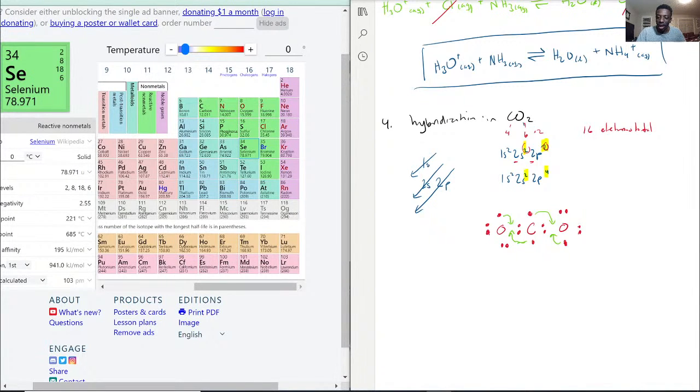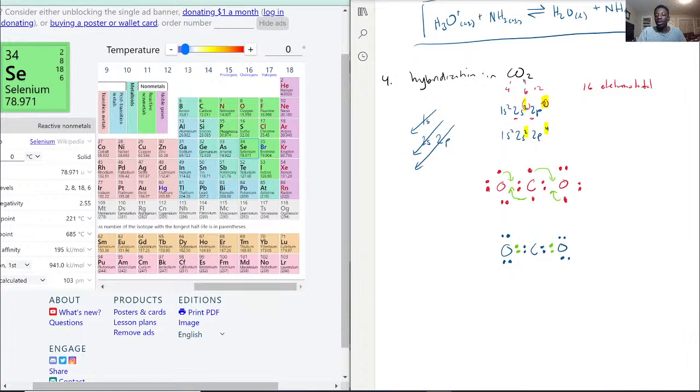So in total, what would you have? It would be the same carbon, the first bond on each side, and then the oxygen, but those electrons are now these ones here. And with that being said, oxygen would still have its 4 electrons out there, and this will be the structure of CO2.